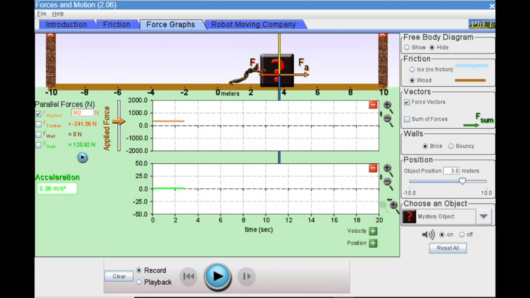And in order to get mu k, we have to divide the friction, or Fk, by the normal force, that is 3,623.69 newtons, and that gives us a result of 0.65 mu k. And with that, we have all the data thanks to the emulator and thanks also to the formulas.